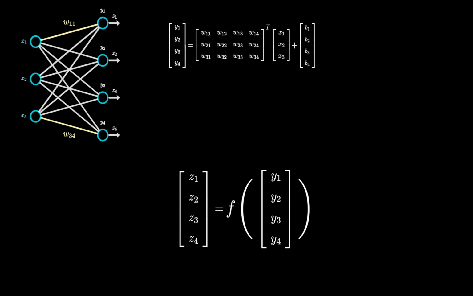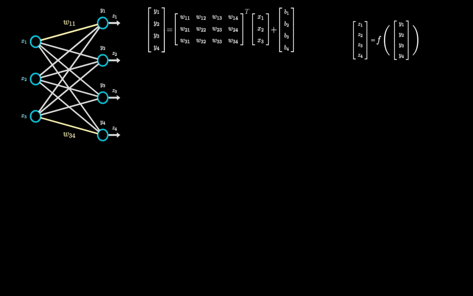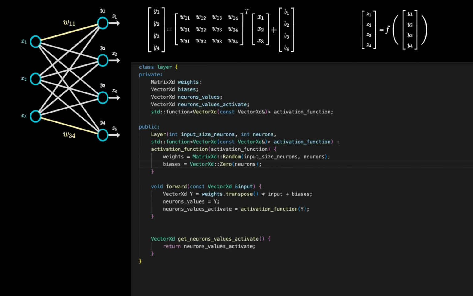Let's dive into the code. The layer class consists of a matrix of weights, a vector of biases, a vector for the output, another vector for the activated output, and the activation function. The matrix of weights has dimensions corresponding to the number of inputs by the number of neurons in the current layer and is initialized randomly.